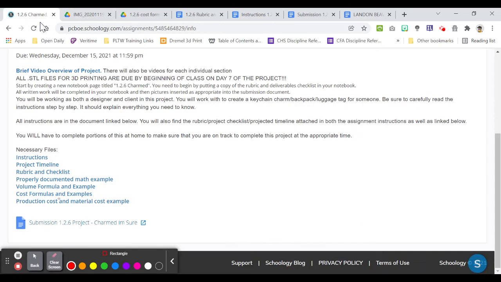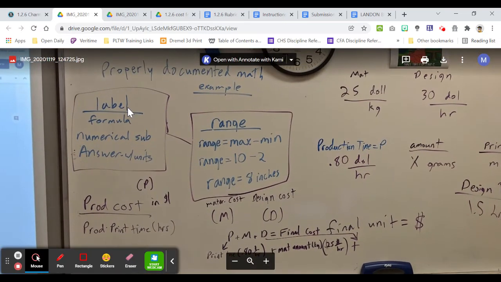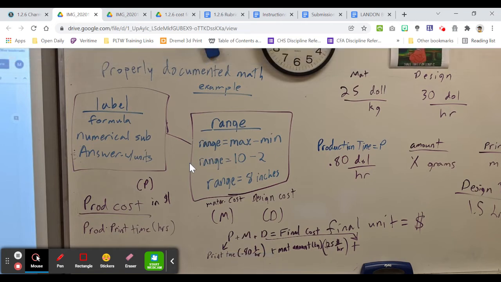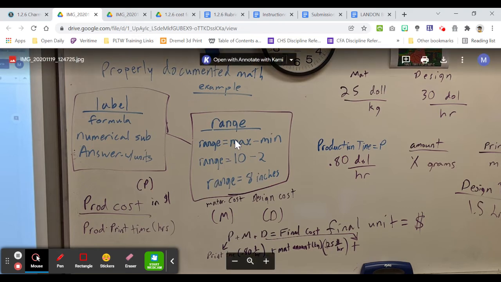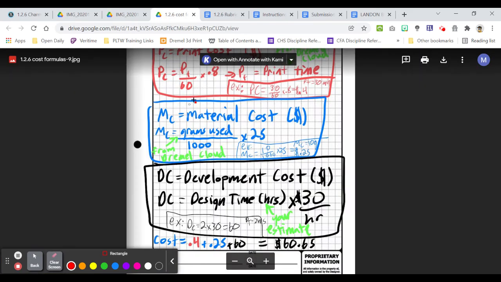Remember, once again, our properly documented math is going to include the labels telling us what we're calculating, all of the formulas, all the numerical substitutions, and our answers with units. So I should see this right here for each one of these 3 formulas.